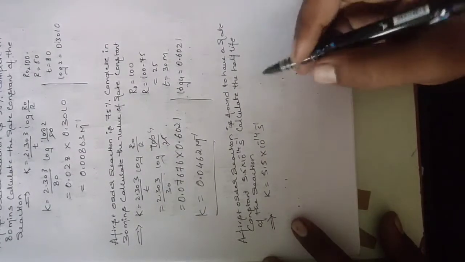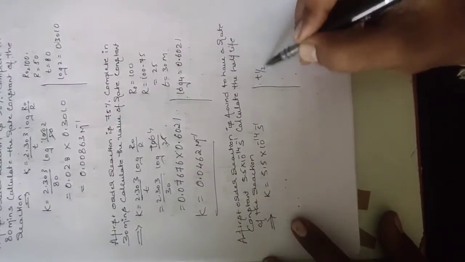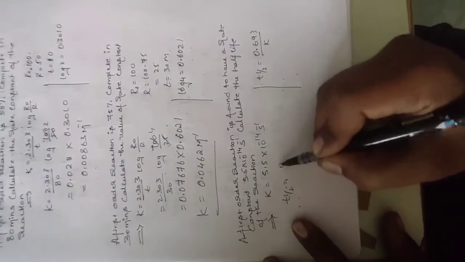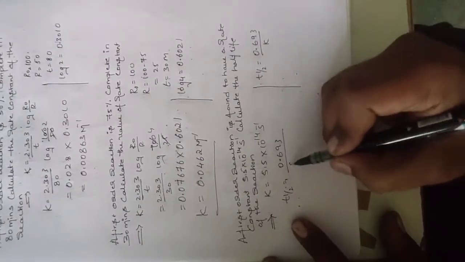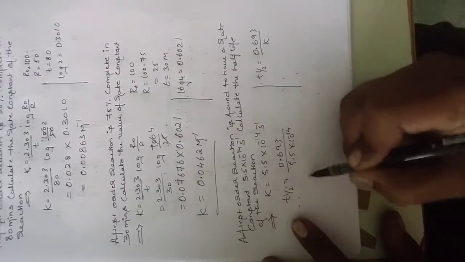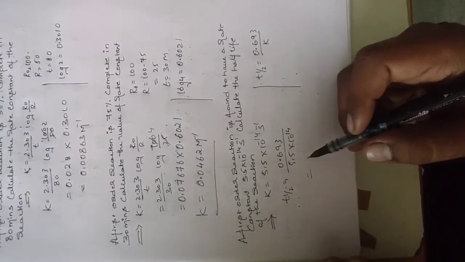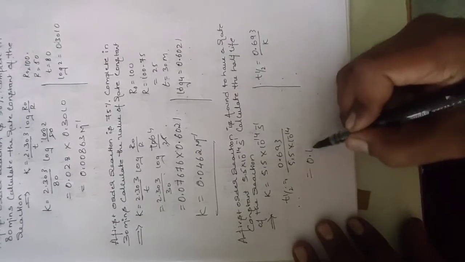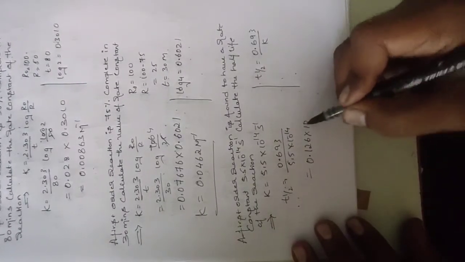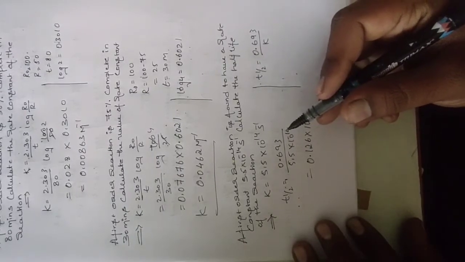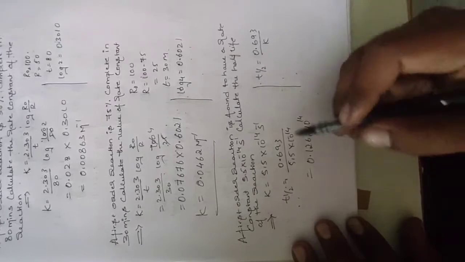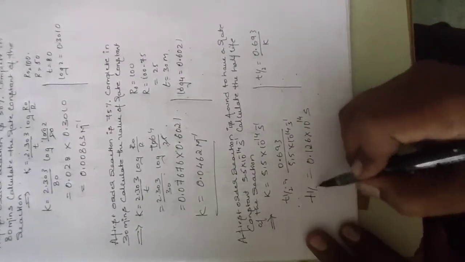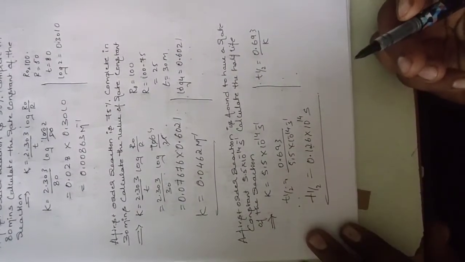We know that the half-life period for first order is t half equal to 0.693 by K. Substituting, 0.693 by 5.5 into 10 to the power of minus 14, if you divide, we get 0.126 into 10 to the power of 14. Per second goes to the upper side and becomes seconds. t half is equal to 0.126 into 10 to the power of 14 seconds.